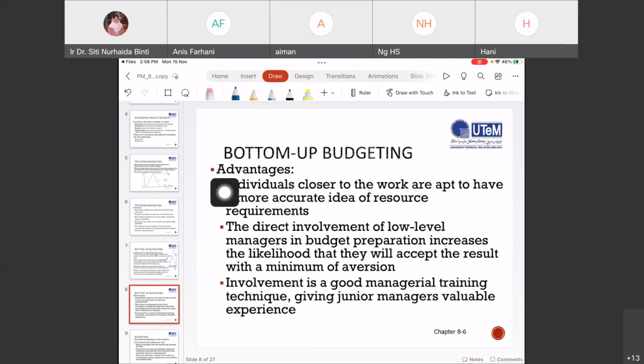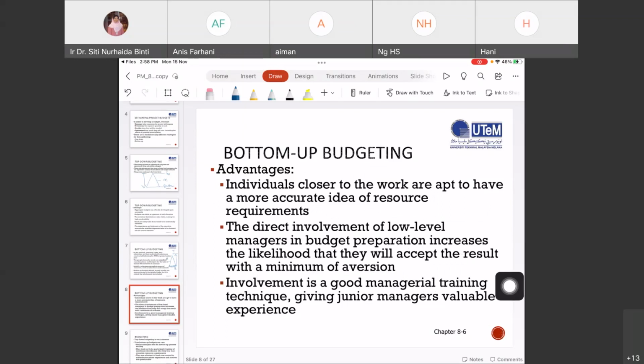Now we talk about advantages first. The advantages of bottom-up budgeting: individuals closer to the work are apt to have a more accurate idea of resource requirements, right? The direct involvement of low-level managers in budget preparation increases the likelihood that they will accept the result with a minimum of aversion.